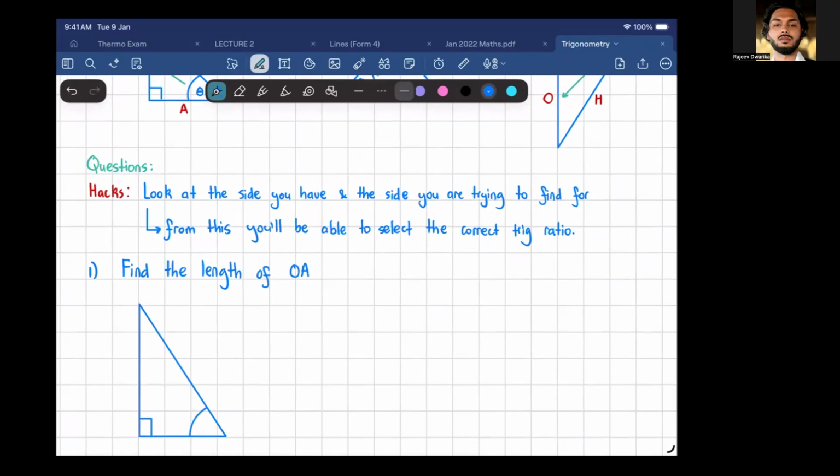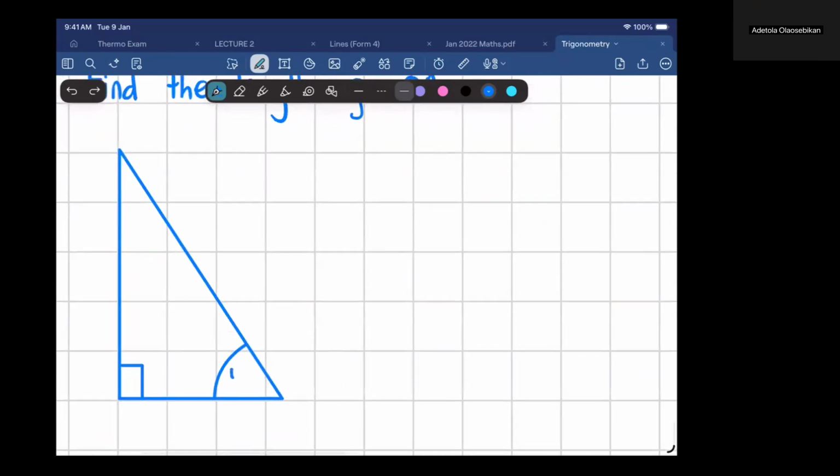Somebody give me an angle. Any random angle. Give me an angle that kind of looks like this. I would say 45. Okay, 45.